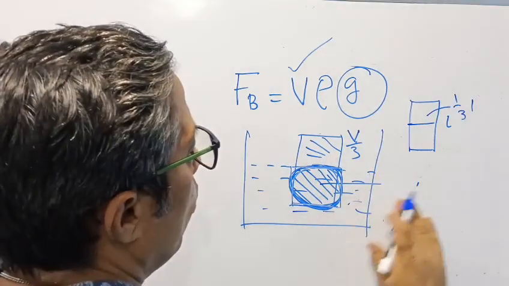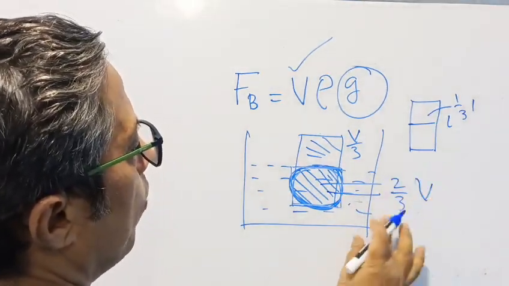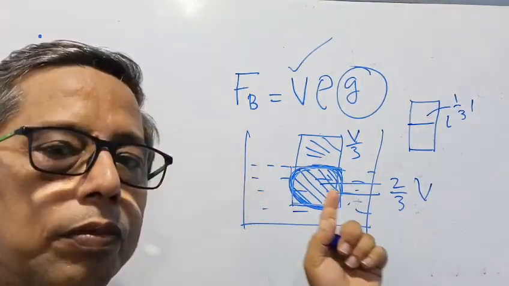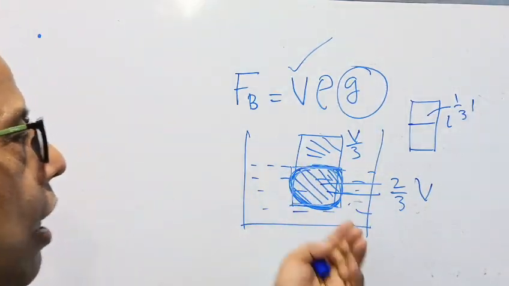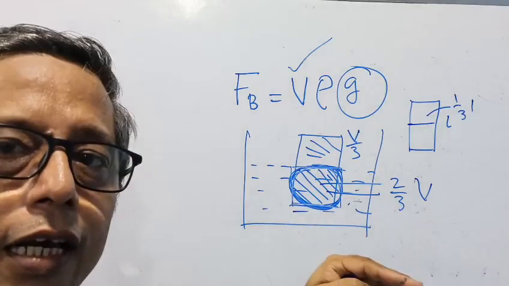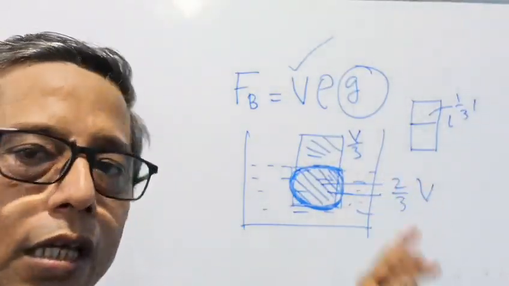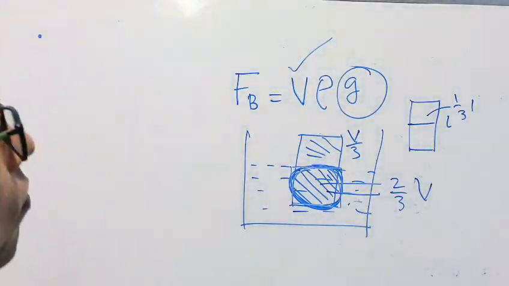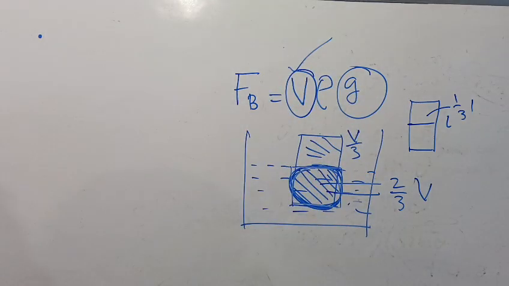That means what will be the volume of this part? 2 by 3 V. In the question they told us that 1/3 of the object volume is outside the liquid, so that means 2/3 part is inside the liquid. So 2 by 3 V is the displaced liquid volume. So it will be replaced by 2 by 3 volume.